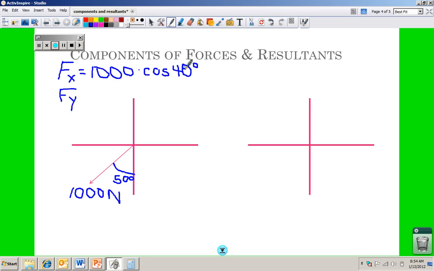Okay, now the reason it's 40 is because the angle I gave you here was measured from the y-axis. Alright, and our f sub y is going to be 1,000 times sine of 40 degrees.